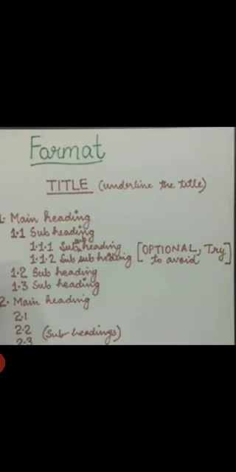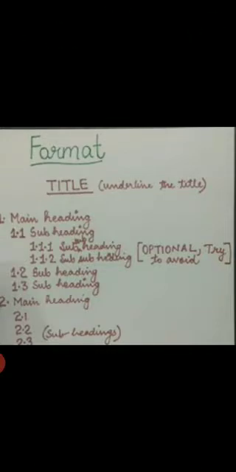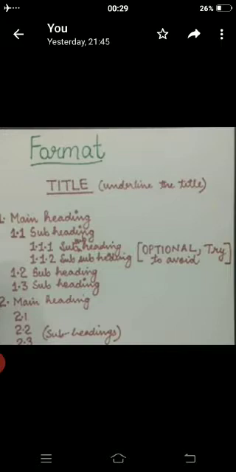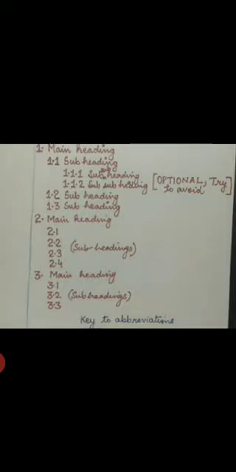Then we have to make a rough note first so as to get an idea, and then we have to organize all these words and sentences in logical order only. Then the key to abbreviation is there. When we are writing a key to abbreviation, we have to make a box, students. And while making notes, using abbreviations and symbols helps in saving time and space.